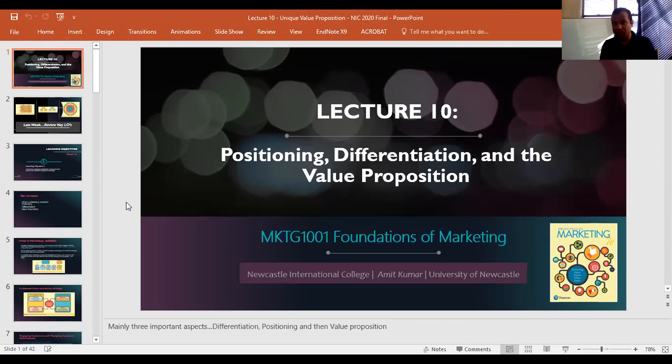In today's session, we'll try to have a little bit more understanding, so that, for example, in the final term, if you see one small case study, you can relate concepts like positioning and differentiation from that particular case. So through company specific examples, we'll try to understand these concepts in a better way. This is the overall idea for today: positioning, differentiation, and value proposition.